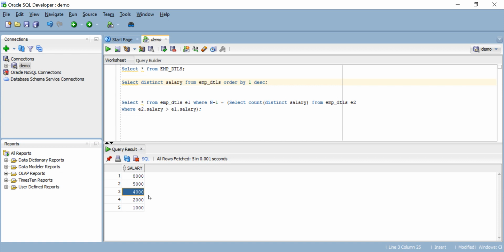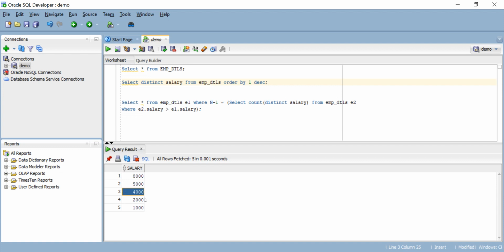deeply and try to find out the answer behind it, how do you actually find out what the third highest salary or the second highest salary is? When we are saying that 4,000 is the third highest salary, then we are expecting two other salaries above it, and only then can it become the third highest salary.